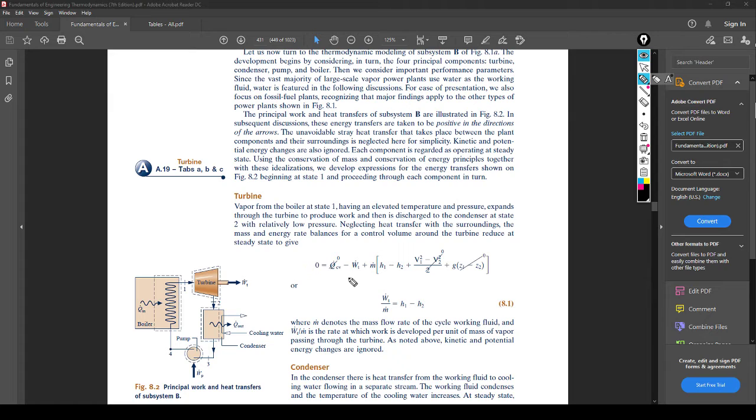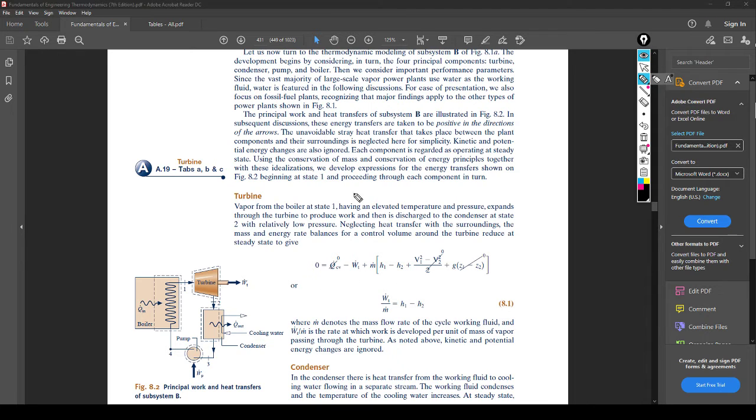Now obviously in the real cycle, this will be a number, right? There's no way to perfectly insulate this. Turbines are pretty big, very massive structures, and so you can't possibly insulate it perfectly. So this will be a number, but essentially what they're trying to say is that relative to the work out, this number won't be very big.